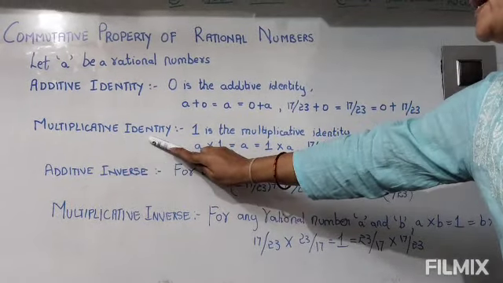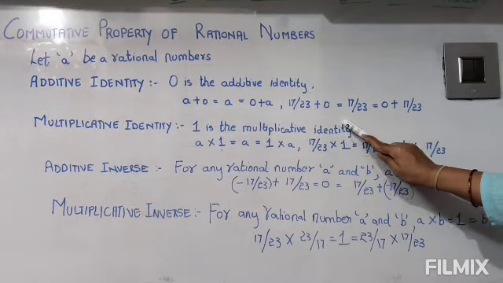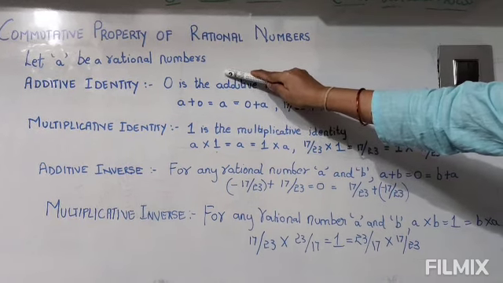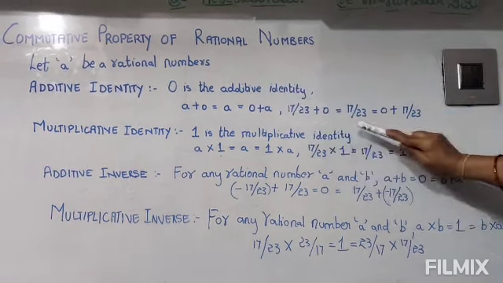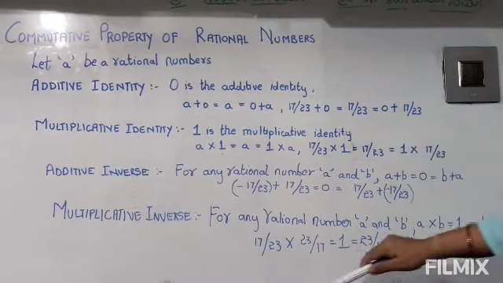Similarly, multiplicative identity. 1 is the multiplicative identity. If 0 is the additive identity, then 1 is the multiplicative identity. Please don't forget, keep it in mind.